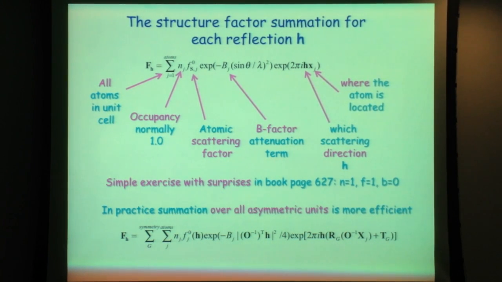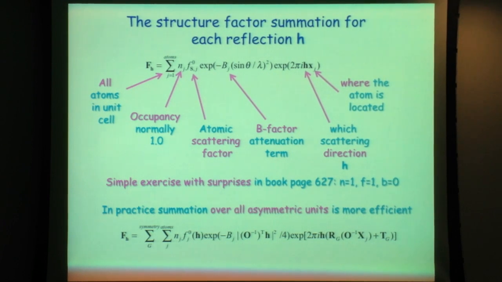So we don't need a whole unit cell if other molecules in the unit cell are generated by symmetry operations. So if we're not in space group P1, where this would apply, if we have even just a twofold axis, then we could just calculate for one molecule and then sum over the symmetry to get to the other one. Okay?